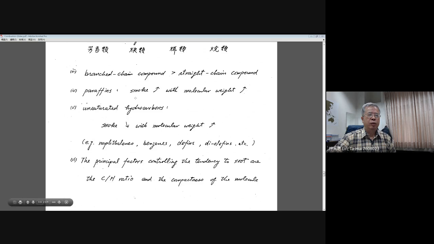But for a compact molecule, it is hard to cut the carbon-hydrogen chain and hard to release the carbon out. Then the burning of hydrogen or methane does not give us too much soot.